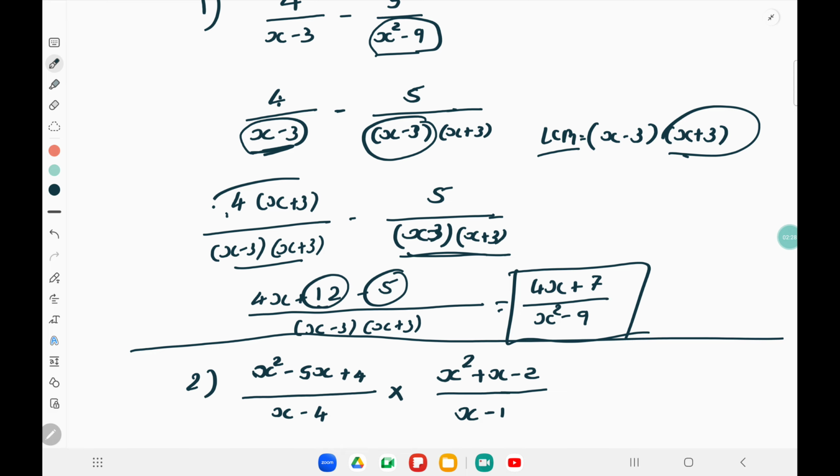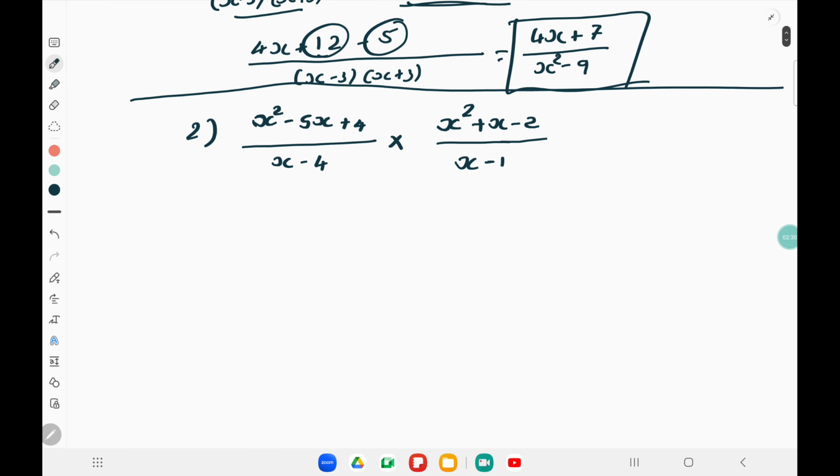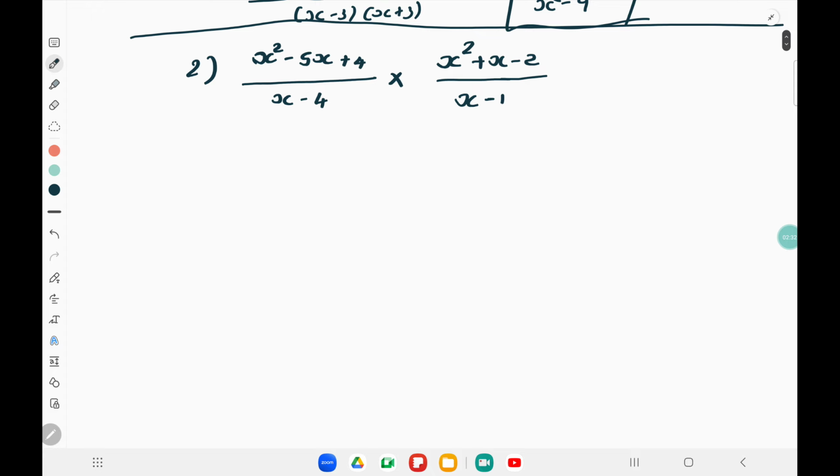Okay, let's move on to the second sum. Let's see where we can factorize. This is quadratic factorization we can do here and here, but see here we have a multiplication, remember that. So first let me factorize both. x square minus 5x plus 4 can be factorized: we need to multiply to get 4, and when we add we need minus 5.